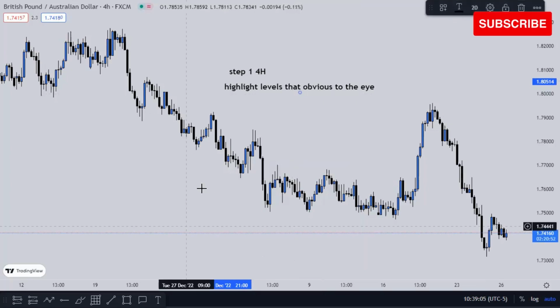Then step three, what you want to do is wait for the market to approach that zone that you've drawn, then go on the 1-hour time frame and look for your entry.